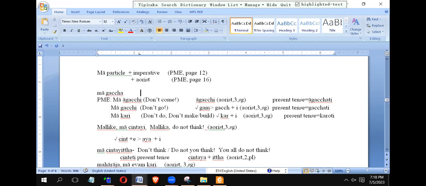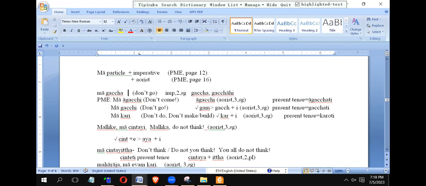Remember, the second person imperative, second person singular, is gaccha and gacchahi. So this ma gaccha will be imperative second person. It also has the same meaning: don't go.